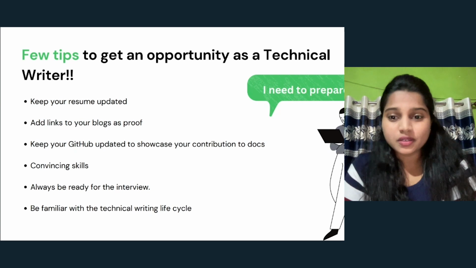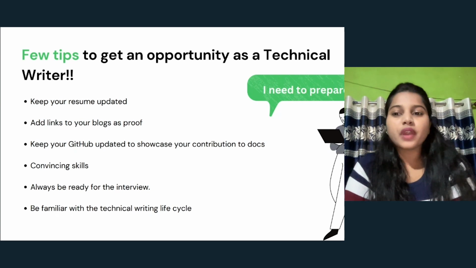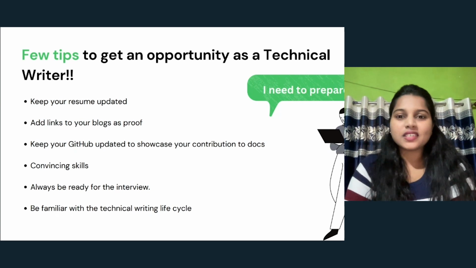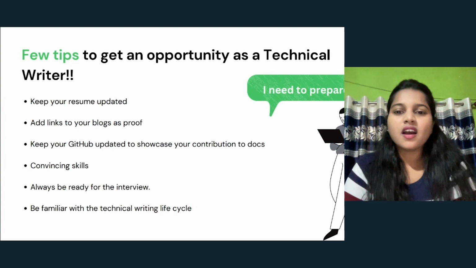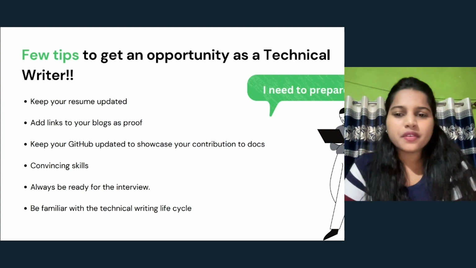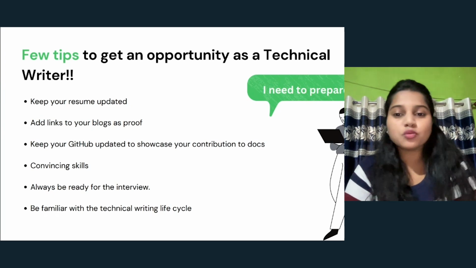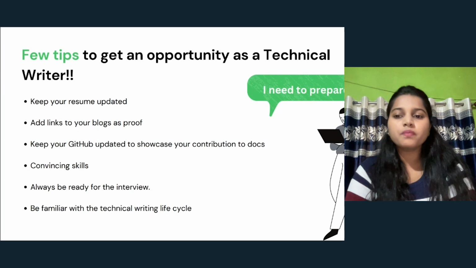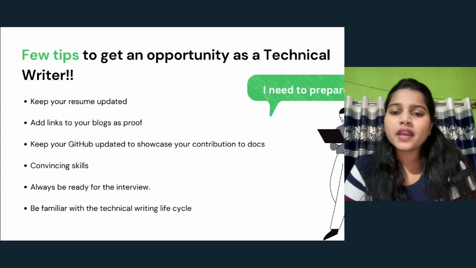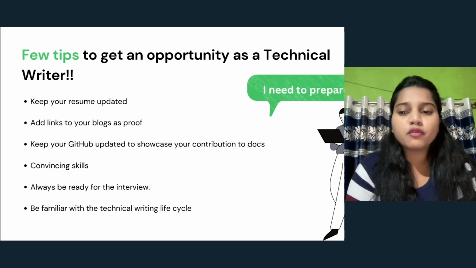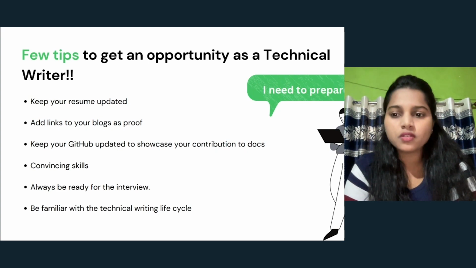Here are a few tips which helped me to grab these opportunities as a technical writer intern. I used to update my resume very frequently, and I also made sure to add all the links to the blogs that I have worked on. I used to update my GitHub profile as well, as that was the only source of proof for my contribution in docs.